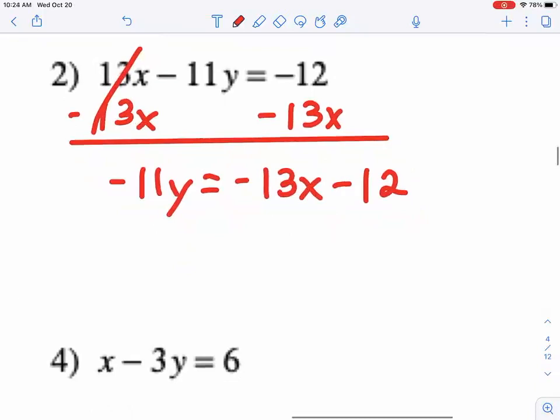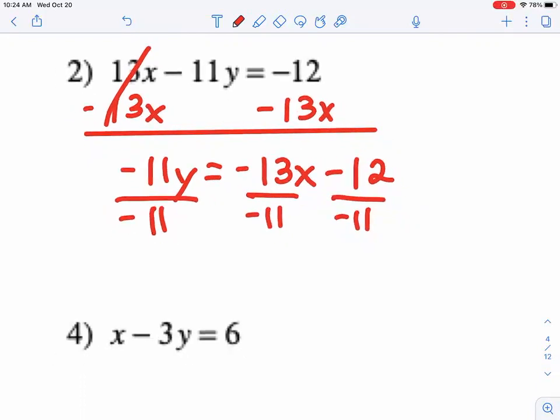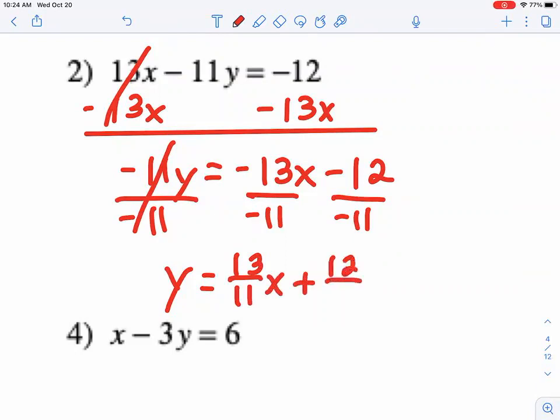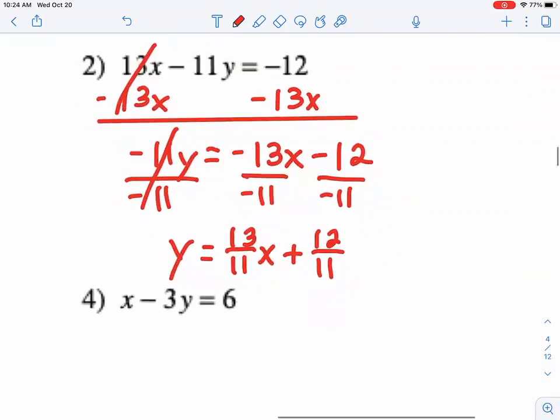Now I'll divide both sides by negative 11. And we get y equals 13 over 11x plus 12 over 11.